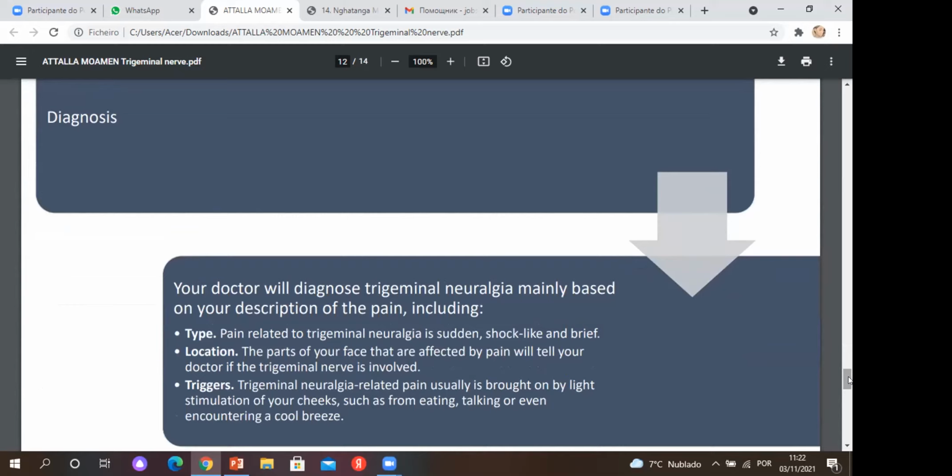Second one, location: the part of your face that is affected by the pain will tell your doctor that the trigeminal nerve is involved. Third one, triggers: trigeminal neuralgia-related pain usually is brought on by light stimulation of the cheeks, such as from eating and talking or even encountering a cool breeze.